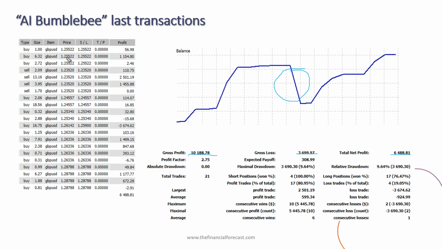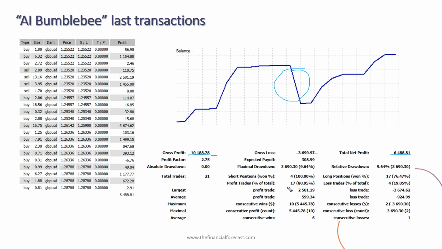What I really like is that this artificial intelligence really works when there is a strong trend in the pound dollar. If not, it's not setting operations. It stays out of the market, and that is what gives these nice statistics.